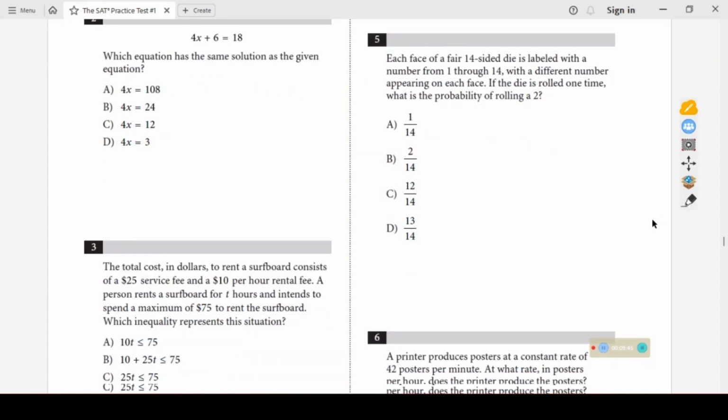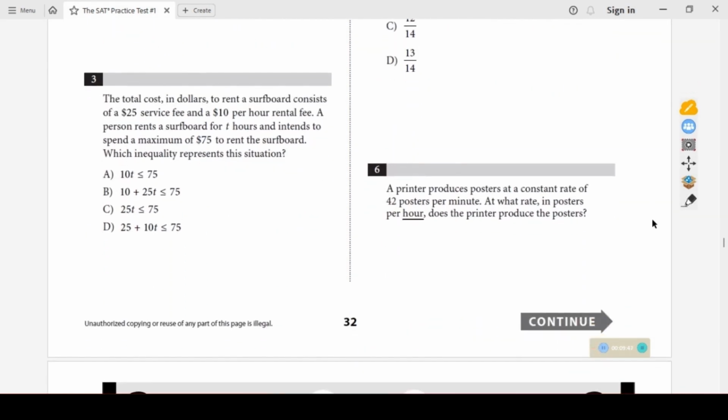Let's move towards question number 6. In question number 6, a printer produces posters at a constant rate of 42 posters per minute. So the rate is 42 posters per minute. At what rate in posters per hour does the printer produce the posters?